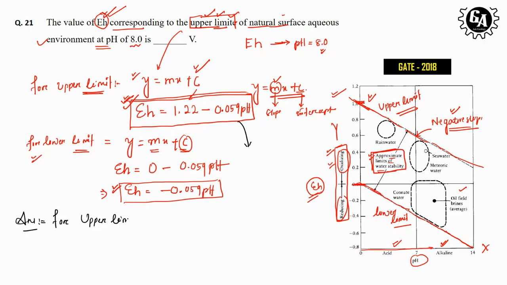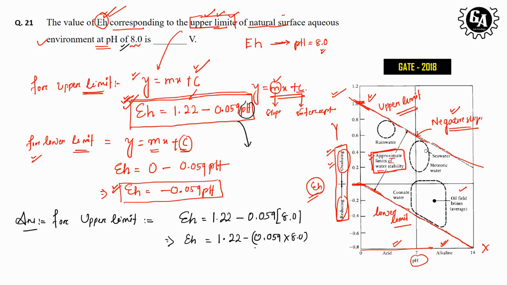For the upper limit, your EH is equal to 1.22 minus 0.059 pH. What is the value of pH? It is given to be 8.0. So the EH value is equal to 1.22 minus 0.059 into 8.0.